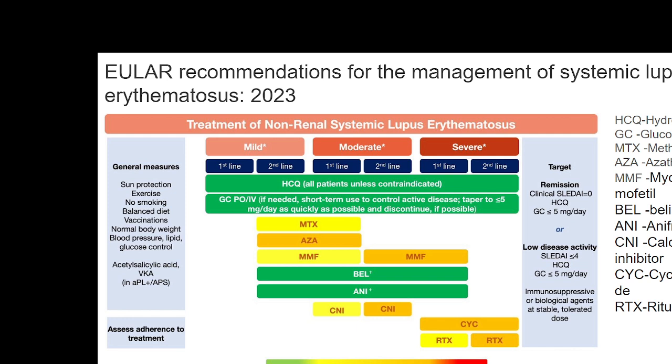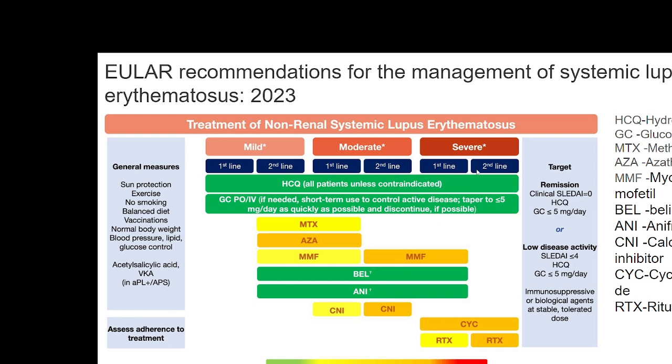Then if the patient is in the mild category, HCQ, that's hydroxychloroquine, is the usual prescription. If the patient is mild but not responding to the usual treatment, then either methotrexate or azathioprine or even mycophenolate is added. If the patient is in the moderate to severe category, then disease modifying drugs like belimumab or anifrolumab are added.